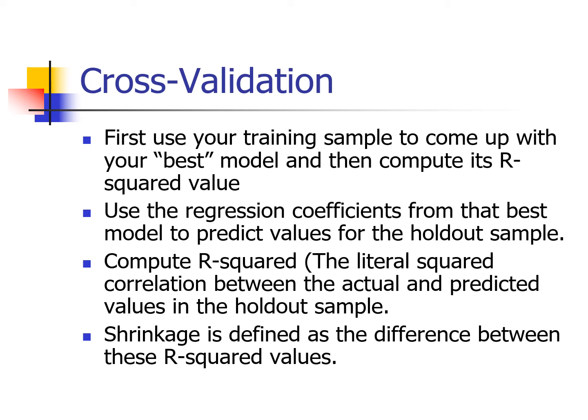And by looking at how much that R squared deteriorates from training to holdout, we can see how well or not so well our model does at generating predictions for observations outside the data set. In fact, what we do is we look at the difference in these R squareds. We call that shrinkage. And we use that shrinkage measurement to say how reliable our model is or isn't.